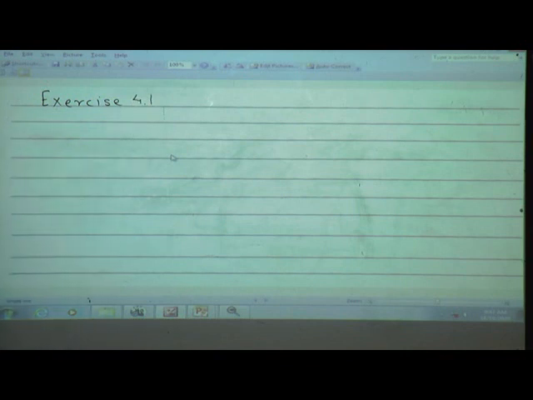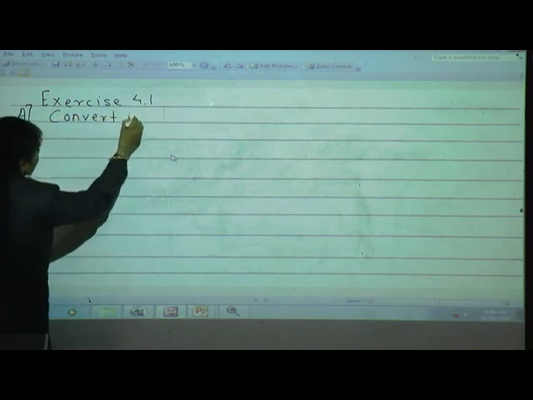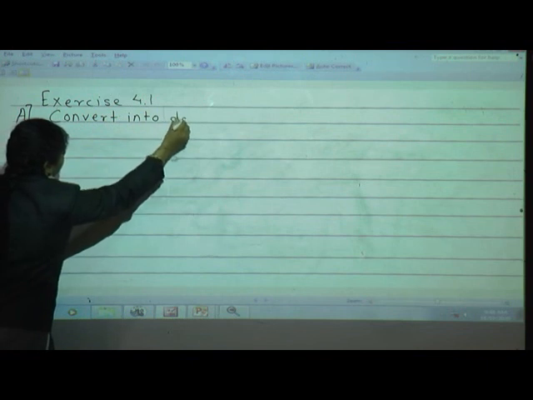Exercise 4.1, convert into days. Here, first A1, what is this? Convert into days.